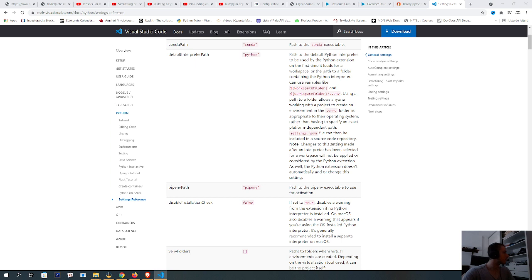This default setting is used as a fallback. It's still activating on the wrong file.